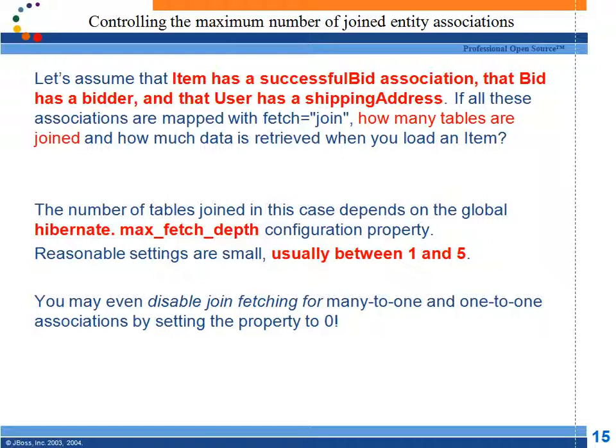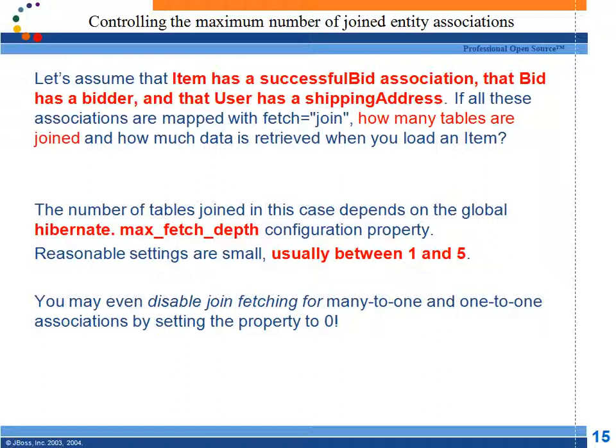Okay. See here, let's assume a scenario. One item has one bid, right? And one bid has a bidder, and that user has the shipping address. So the relationship is a chain, right? If I enable fetch equals join, what will happen?